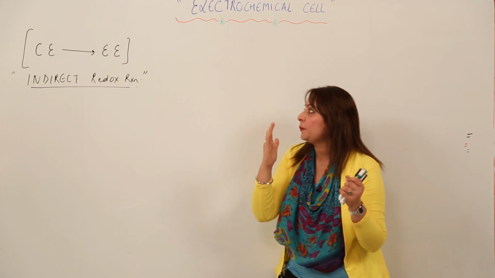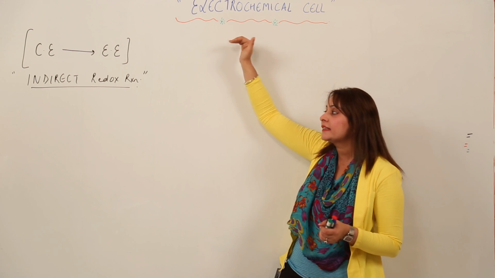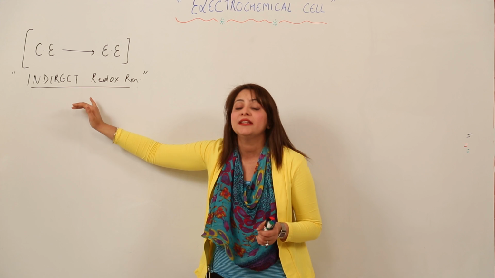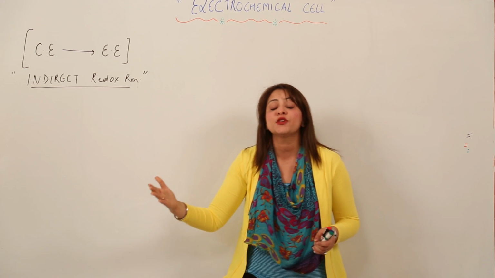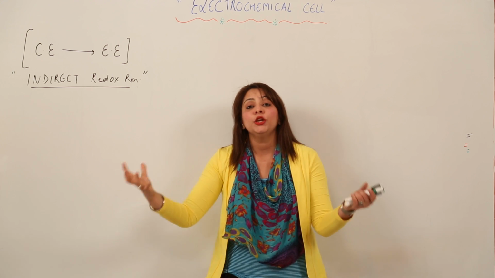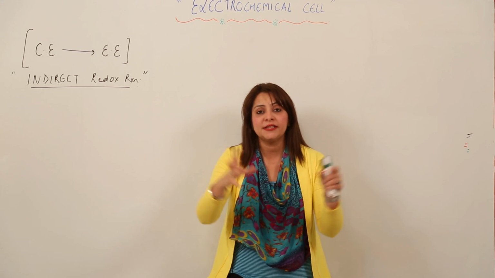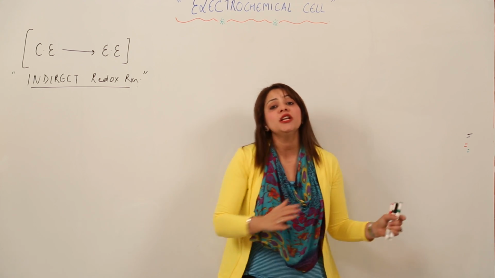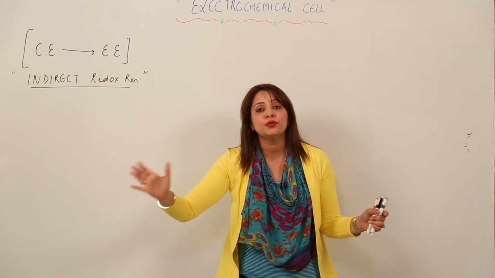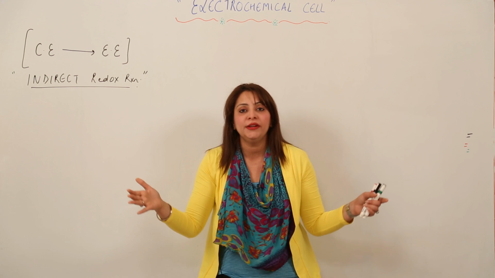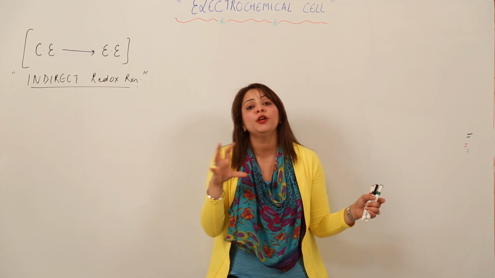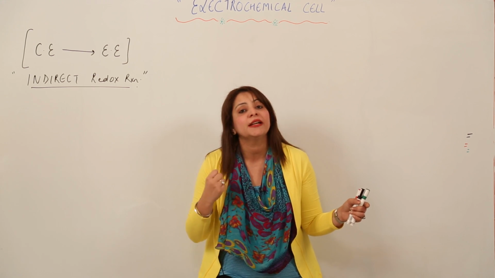So the principle of the electrochemical cell is the indirect redox reaction. The atom which undergoes oxidation and the atom which undergoes reduction are not in close contact, they are far away. So the electrons need to travel a certain distance to reach an atom which needs an electron, and there is a gap between them. This movement of electrons constitutes the electric current.